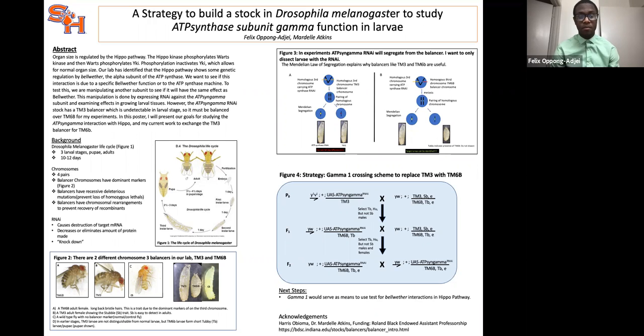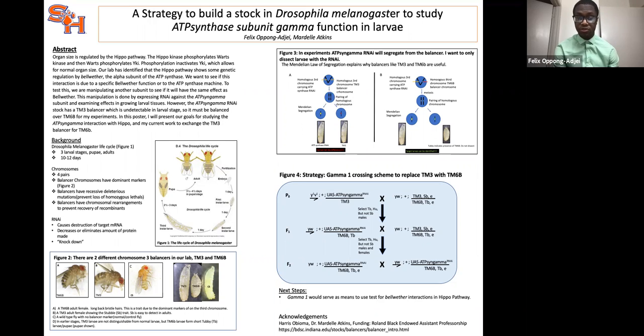Moving on to our methodology and how we approach this problem, the flies we work with have 4 chromosomes, and today, in terms of ATP synthase gamma RNAi, we're focusing on the 3rd chromosome. To be able to know where the ATP synthase gamma RNAi is located and how it's working on the chromosome it is on, we need a balancer chromosome.